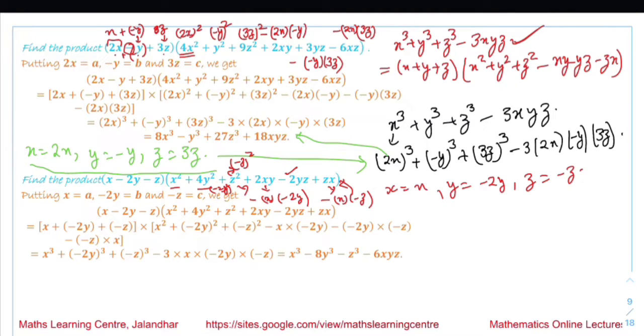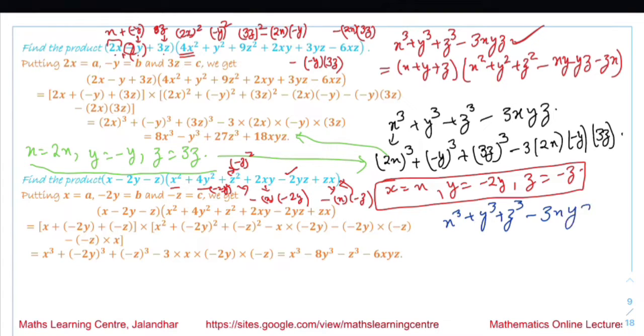It is of this form, with x is equal to x, y is equal to minus 2y, z is equal to minus z. Then you will put these values in x cube plus y cube plus z cube minus 3xyz, and you will get the answer in this form: x cube minus 8y cube minus 8z cube minus 6xyz.